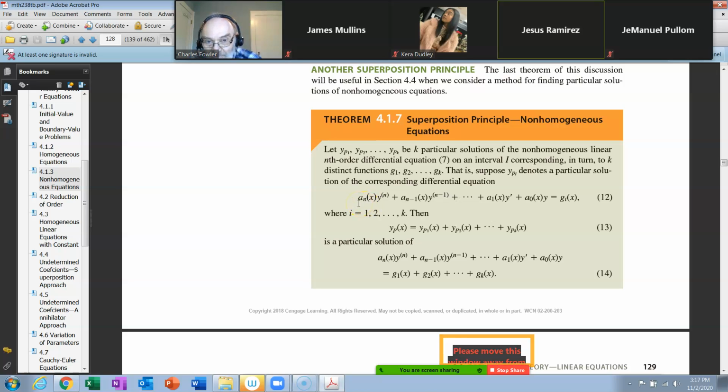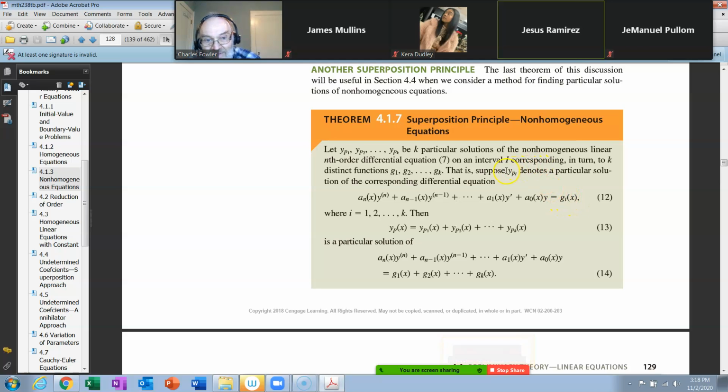Here's your homogeneous part: a sub n of x times the nth derivative of y, plus a sub n minus 1 of x times the n minus first derivative of y, plus all the way up to a sub 3 of x y triple prime, plus a sub 2 of x y double prime, plus a sub 1 of x y prime, plus a sub 0 of x times y is equal to g sub i of x.